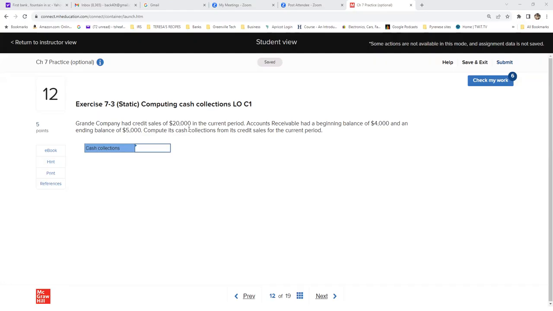You only collected 19. I'm going to put that in there so I don't forget. However, if our beginning balance was 5,000 and our ending balance was 4,000, then you would add $1,000 to the 20,000. But that's not what happened in this case. In this case, we ended up not collecting on $1,000 of the credit that we extended during this current period.